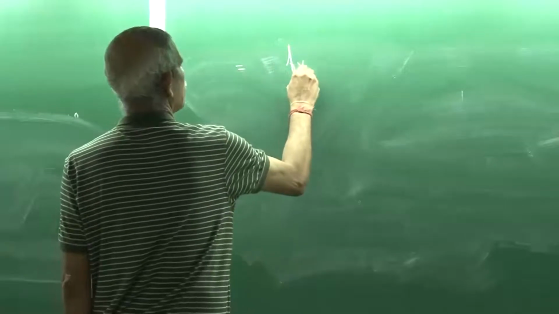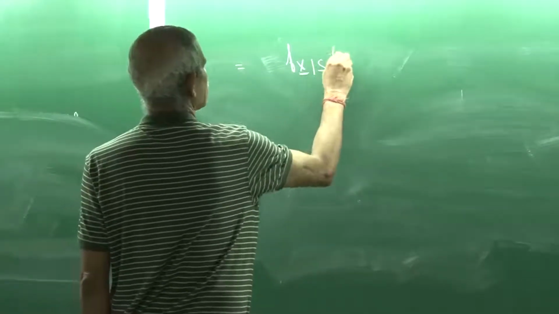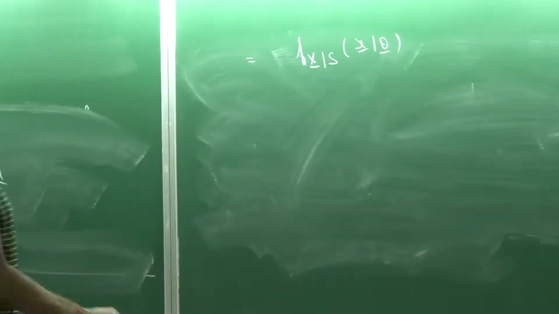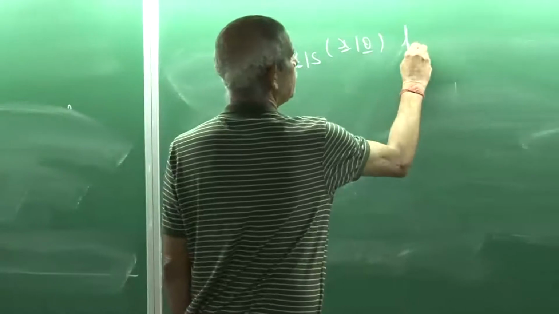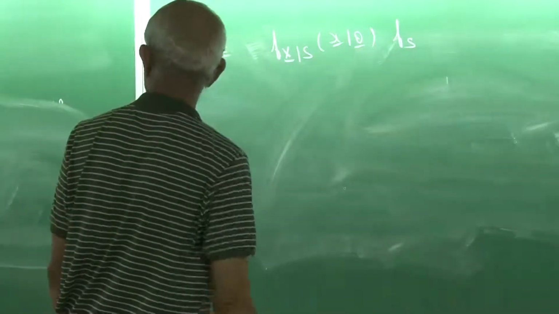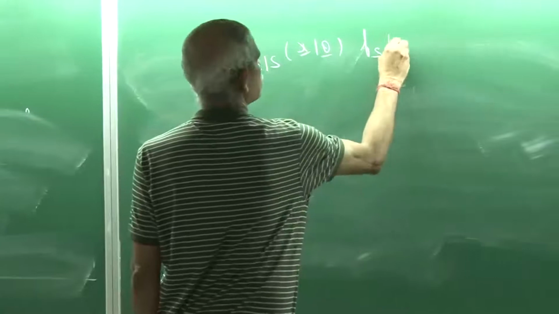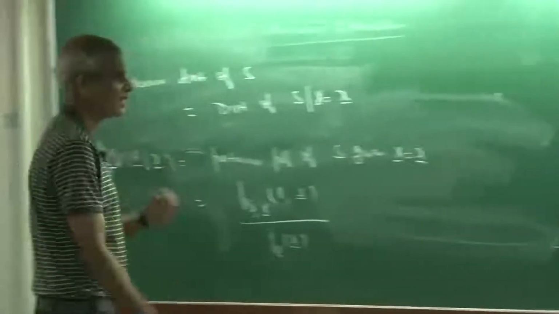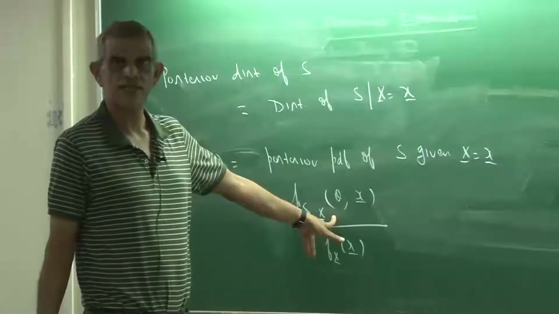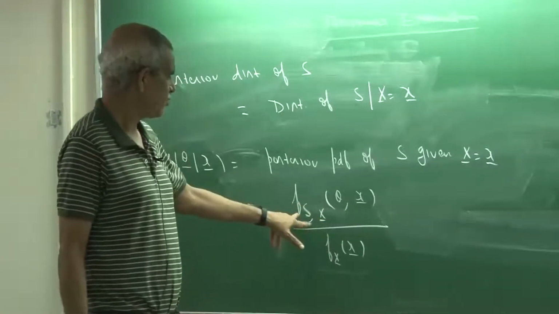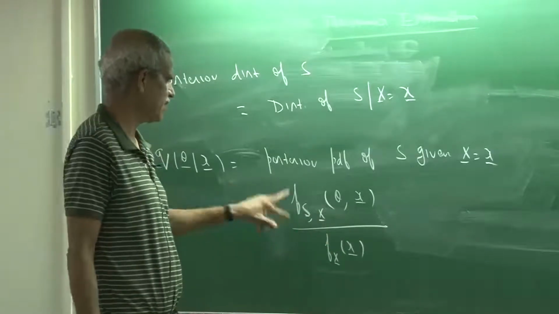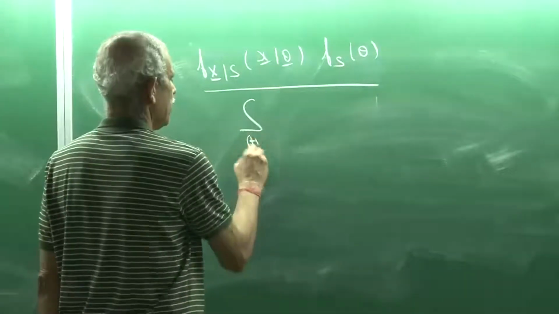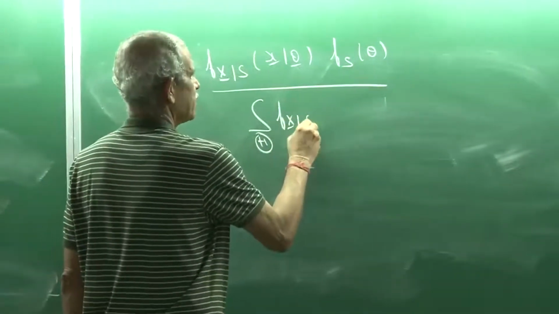F of x given s, x given theta, into f of s theta, which was my prior distribution, divided by f of x. I can get this from the numerator, because the numerator gives me a joint, so I can get the marginal of x by just integrating out the unwanted variable theta. So this is the same as f of x given s.